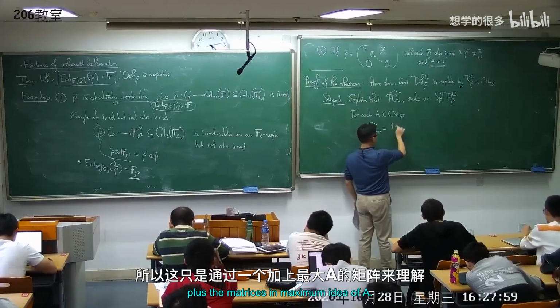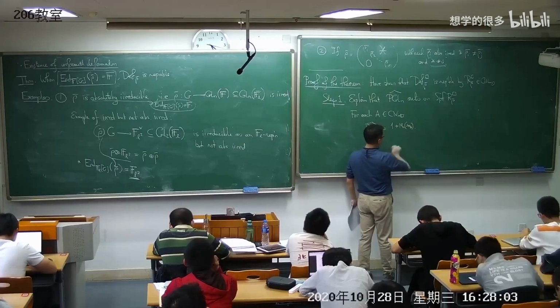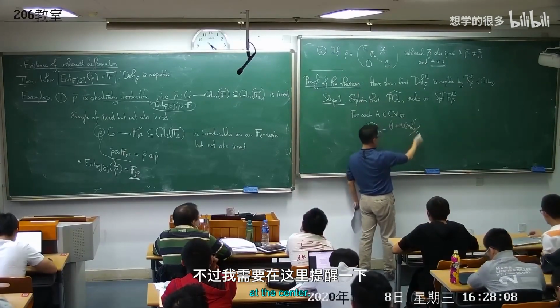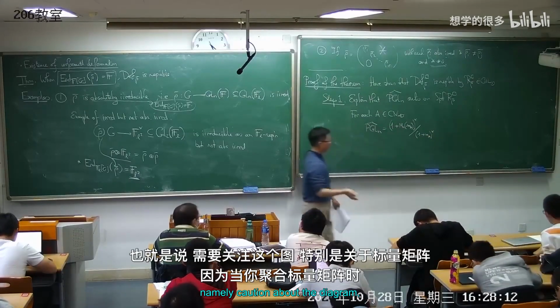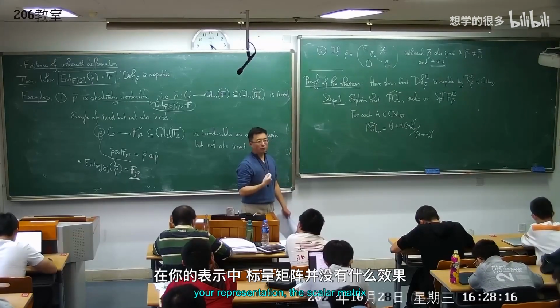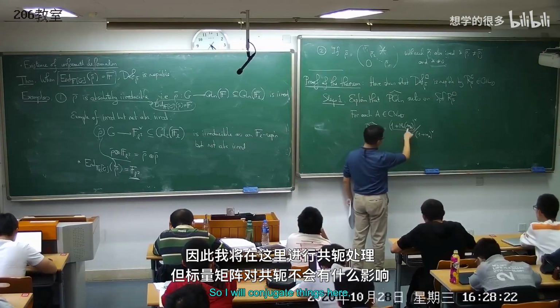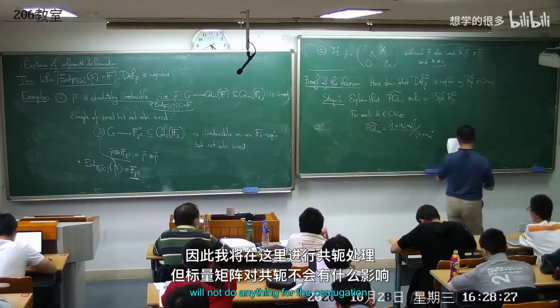That's just 1 plus the matrices in the maximum ideal of A. But then I have to quotient out by the center, namely by the diagonal scalar matrices, because when you conjugate your representation, the scalar matrix doesn't have any effect.